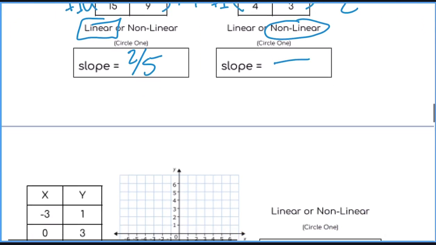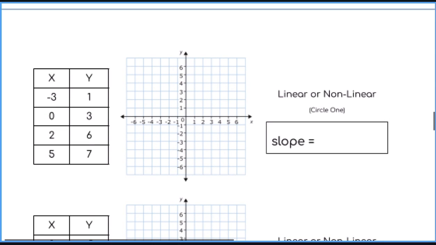Okay, we have 2 on the back. For these, we need to graph. We need to plot our points. So I need to put a point at -3, 1. Am I going to go left or right? Left. Am I going to go up or down? Yep. So left 3, up 1.